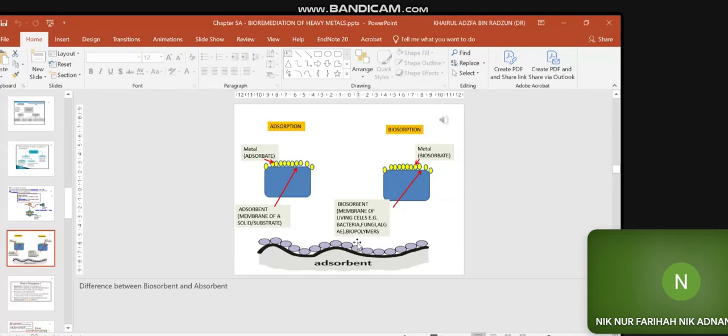We can also extract these biopolymers from the living cell, and take out the living cell and make it into biopolymers, without the living cells anymore. But because we derive this particular polymer from a living cell, we call it biopolymers. This is the attachment of the metal, and because it involves biological living cells or the biopolymers, we call this process bioabsorption.